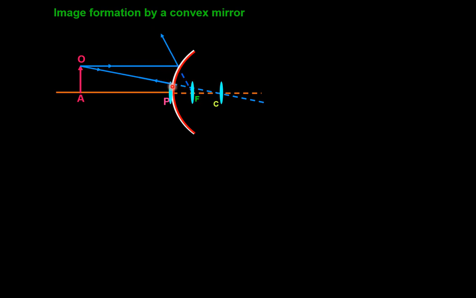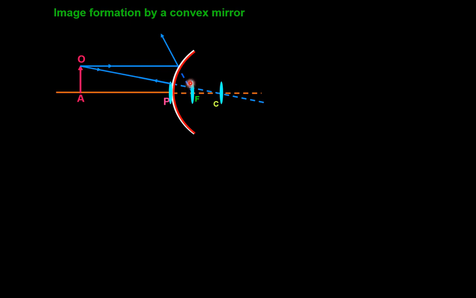Similarly, this reflected light ray appears as if it has come from the center of curvature. That's why we have joined these two reflected light rays with the principal focus and center of curvature respectively with dotted lines. Wherever these two dotted lines intersect or meet, at this point the image will take place.